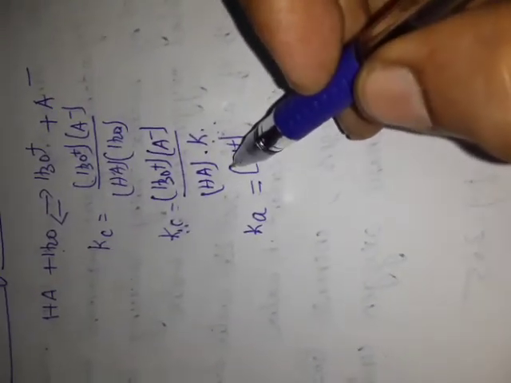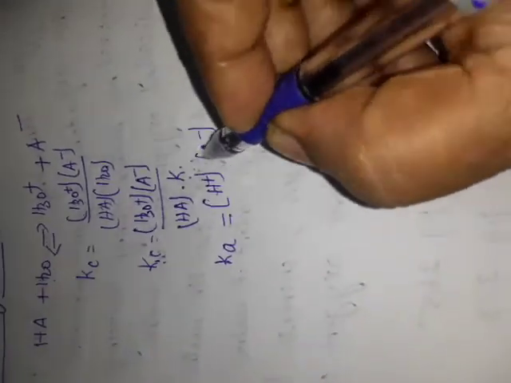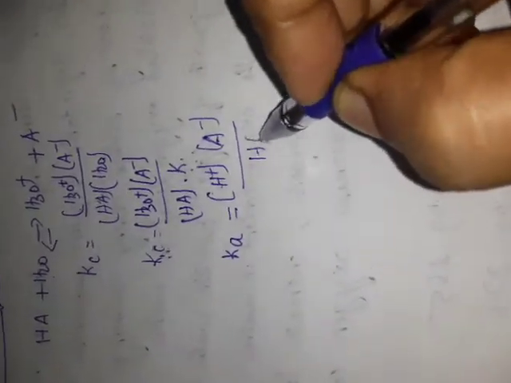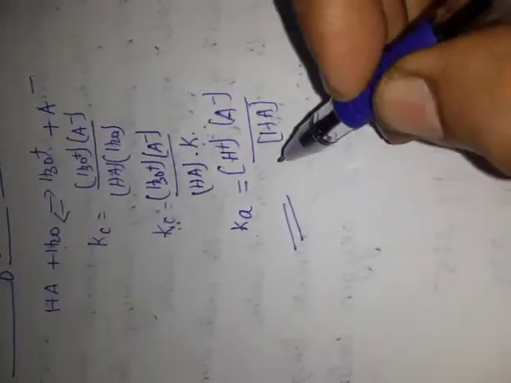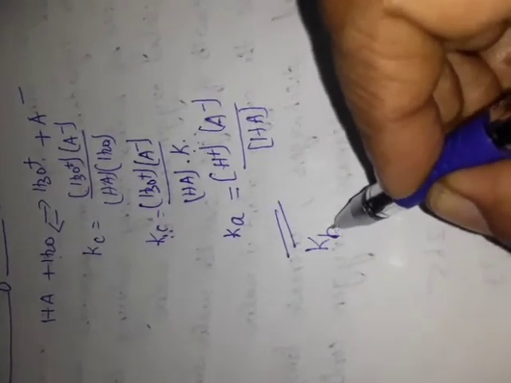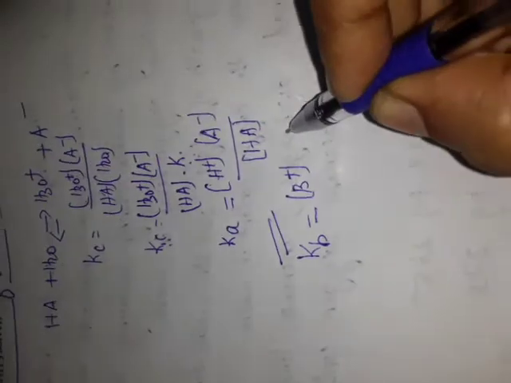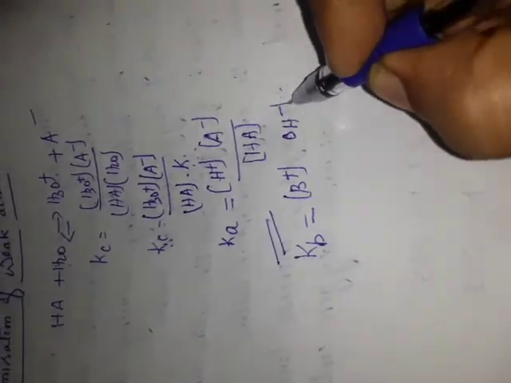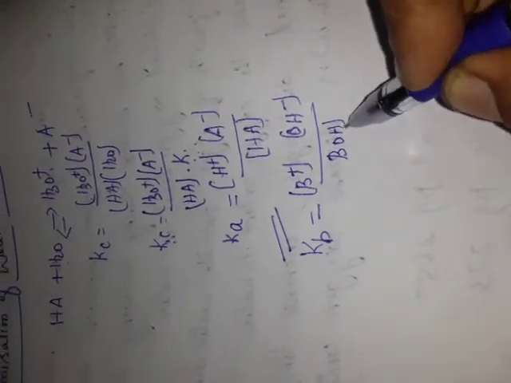For simplicity, it may be replaced as H+. So Ka is equal to [H+][A-] by [HA]. This is for a weak acid. Similarly, for a weak base, how will you write? Kb equals [B+] concentration times [OH-] concentration by [BOH] concentration.